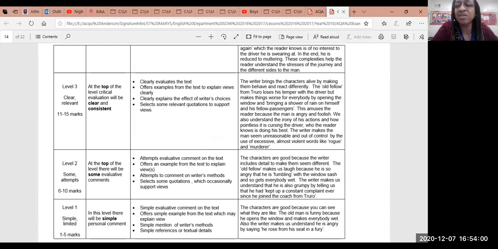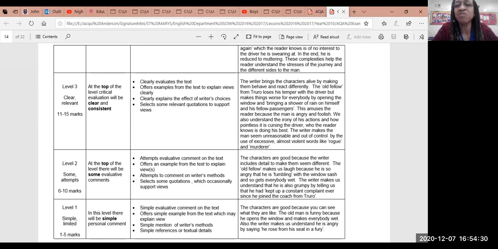So knowing that the writer has used violent verbs or violent words to explain what is happening with the characters in the text. So what I want you to do is just have a look now and see if you have used those evaluative words, highlight those evaluative words in your writing to see whether or not you are clearly explaining the effect of the writer's choices.